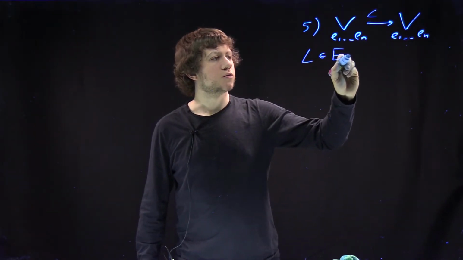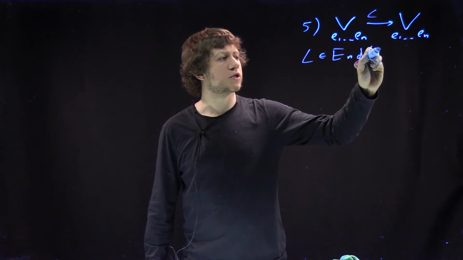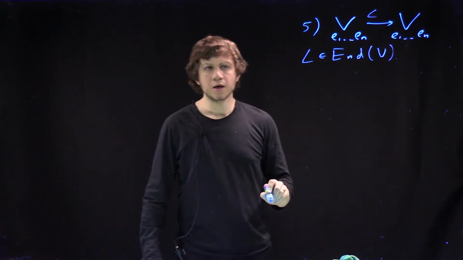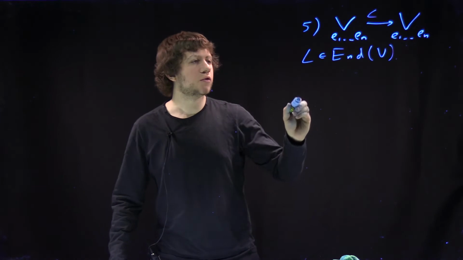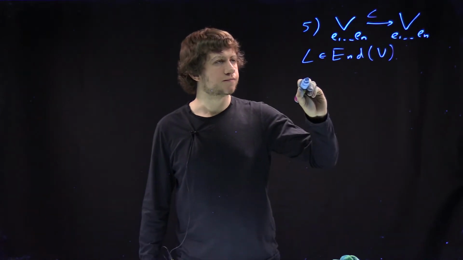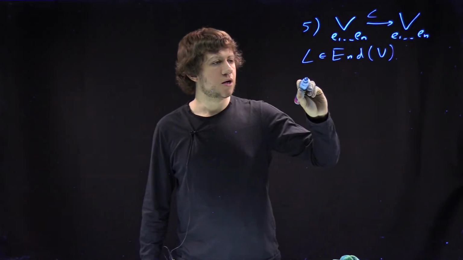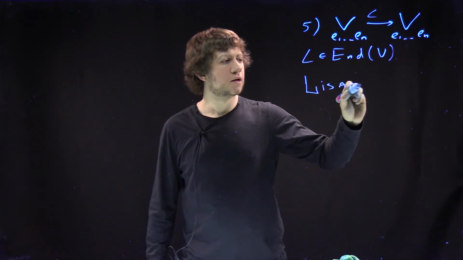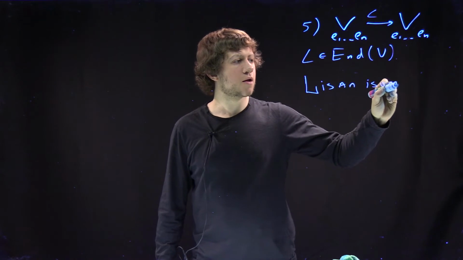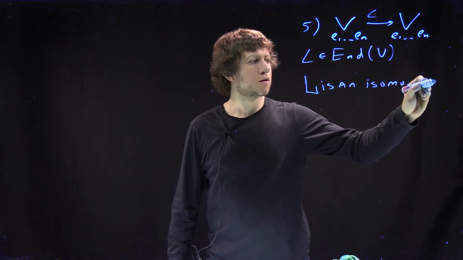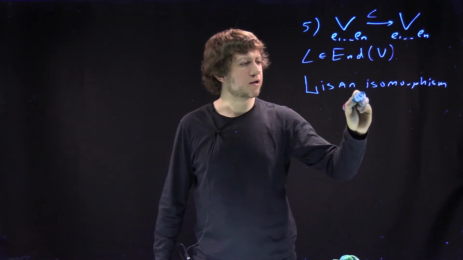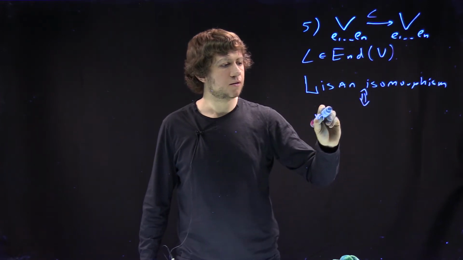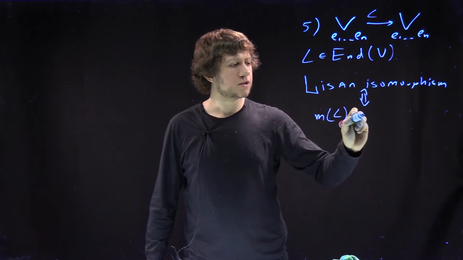This space of linear maps is called endomorphisms of V. Then the following fact is clear: L is an isomorphism if and only if the matrix of L is invertible.